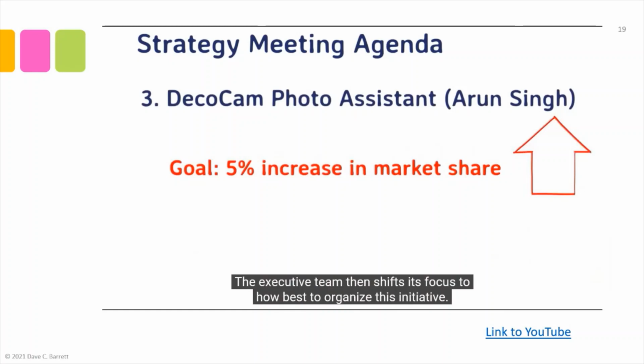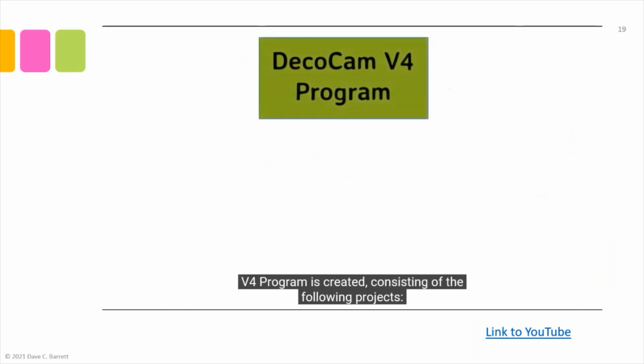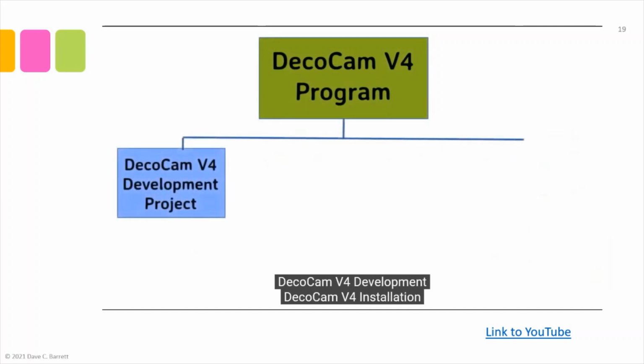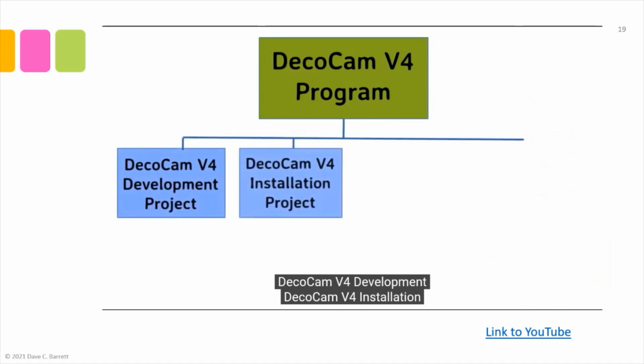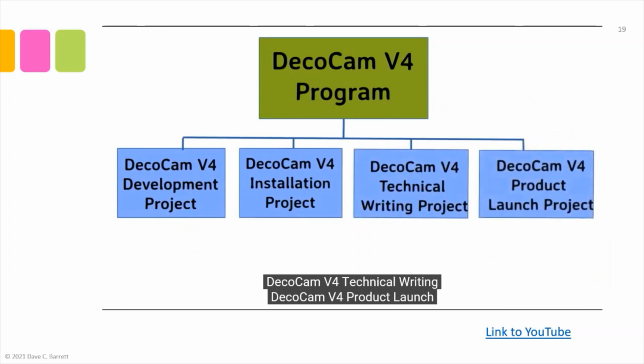The executive team then shifts its focus to how best to organize this initiative. After a further period of discussion, the DecoCam version 4 program is created, consisting of the following projects: DecoCam version 4 development, DecoCam version 4 installation, DecoCam version 4 technical writing, and DecoCam version 4 product launch.